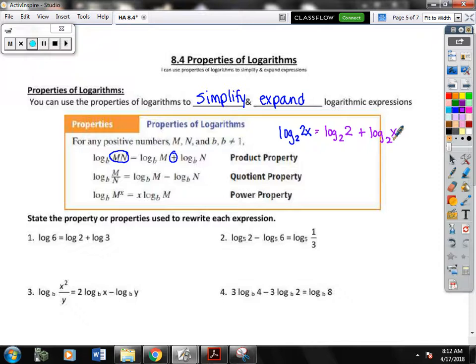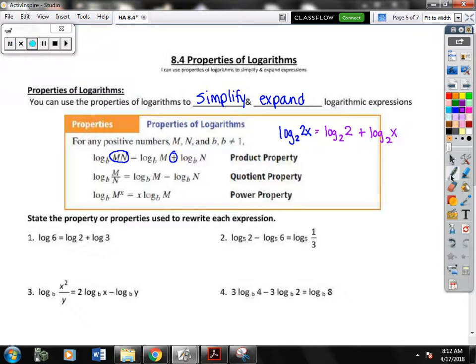So that would be used to expand it. Now, if I were to give you this, you could simplify it backwards to the original. So again, if you're multiplying things together within what you're taking the log of, when you split it, you keep the base the same and you add them.